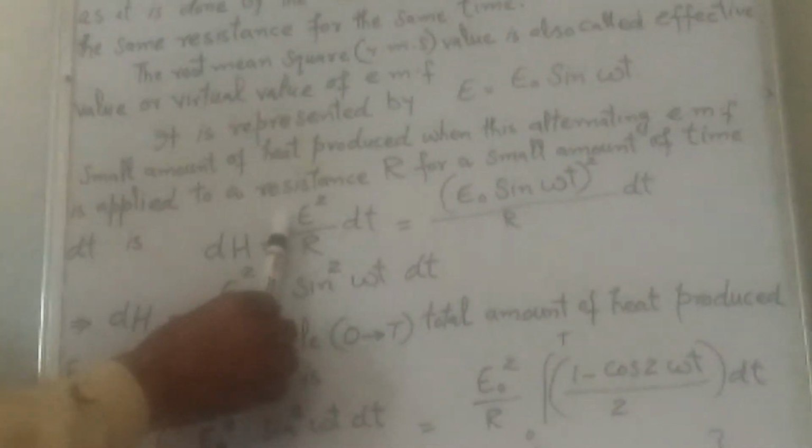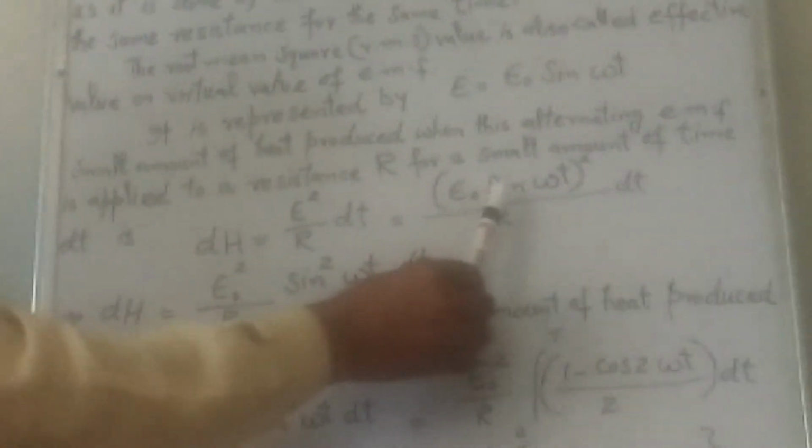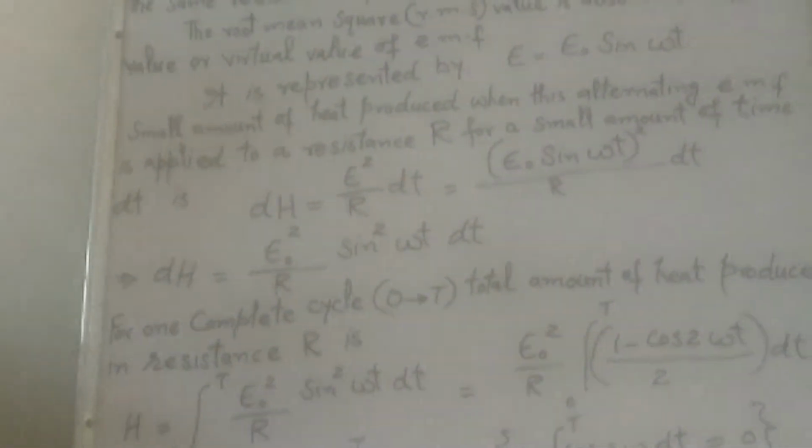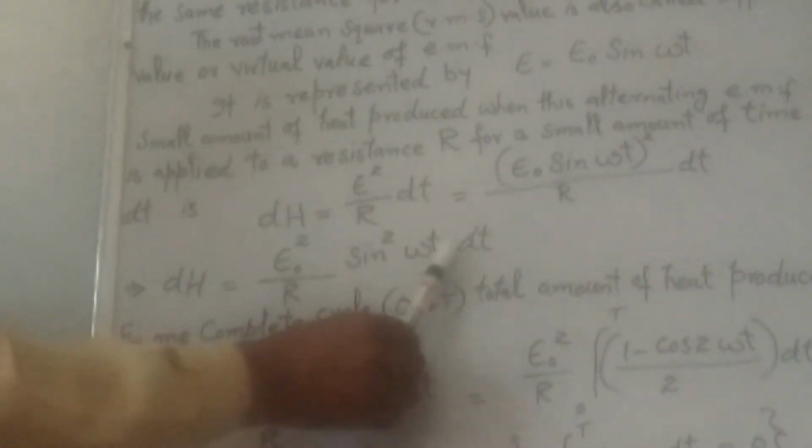Giving the value of E square, this will be equal to (E0 sine omega t) square by R dt, that is dH is equal to E0 square by R sine square omega t dt.